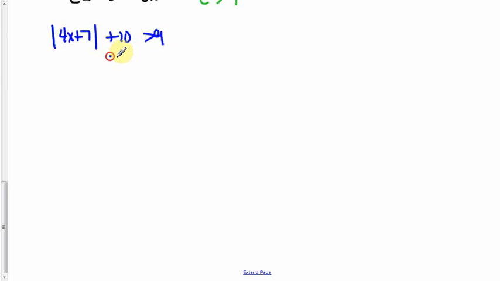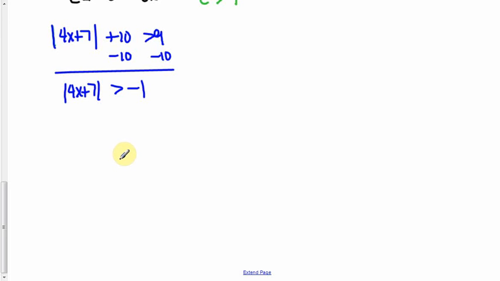Okay, subtract 10 from both sides. Is this true? Is the absolute value of something greater than negative 1? Yes.